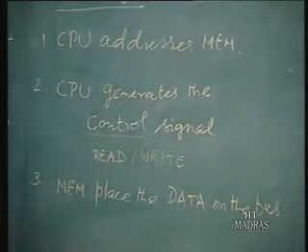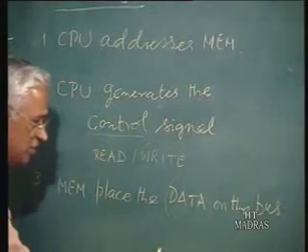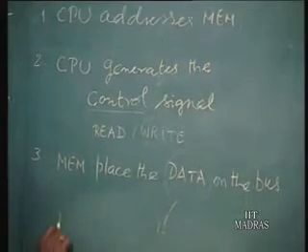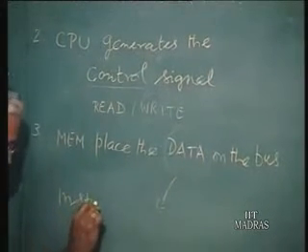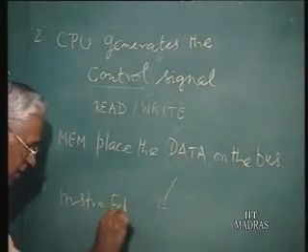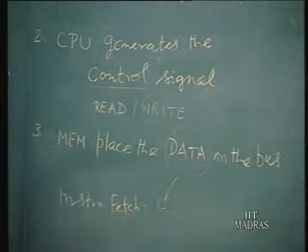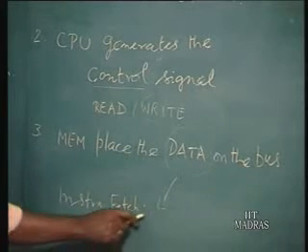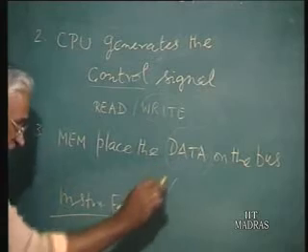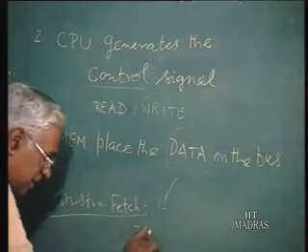And in the case of instruction fetch, which is the first thing in any instruction cycle, what is this data? It is nothing but one instruction.